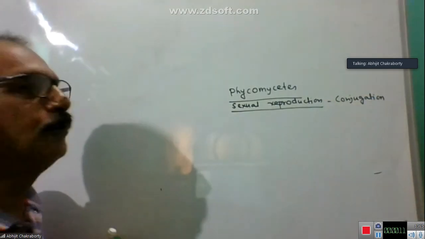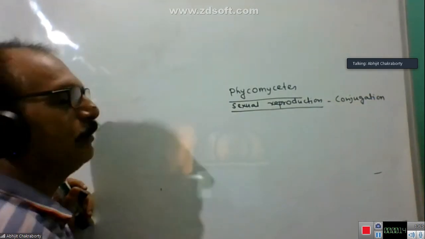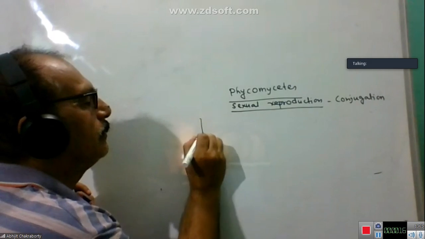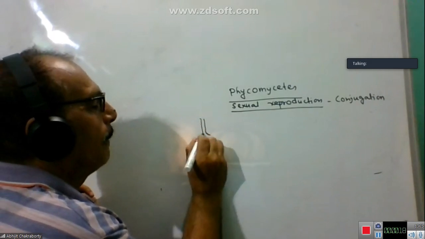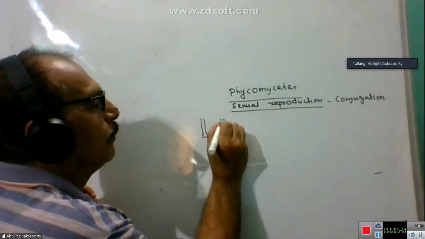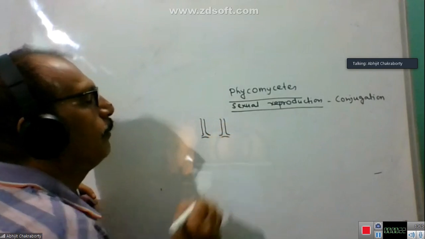This conjugation type. So in case of Mucor, it appears like this. Two Mucor mycelium are found parallel to each other.